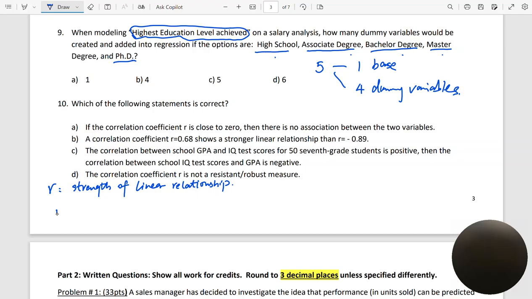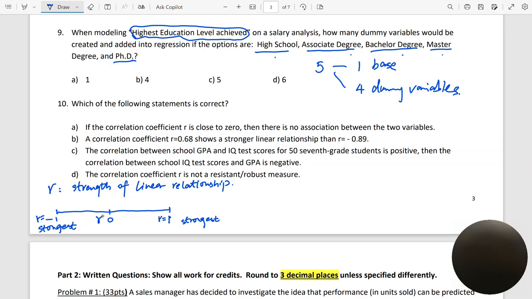And then we say R has a range from -1 until 1, with 0 in the middle, right? So we say when r equals to 1, we have the strongest linear relationship, right? And then when r equals to -1, then we still have the strongest linear relationship.